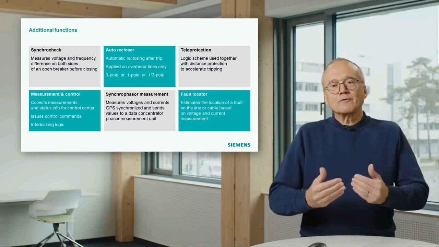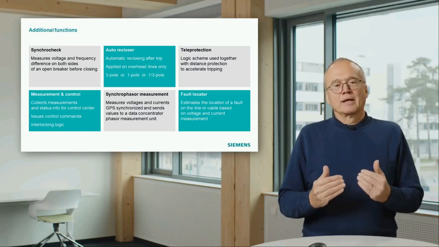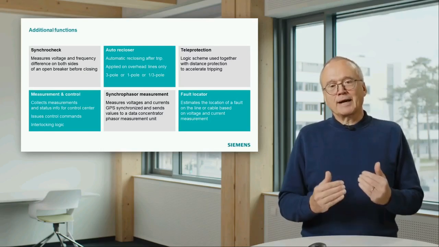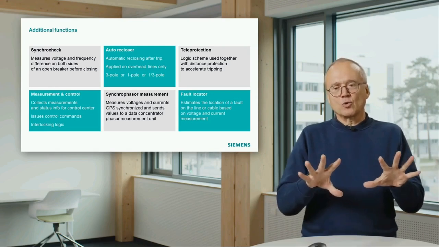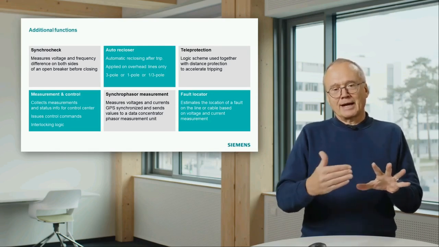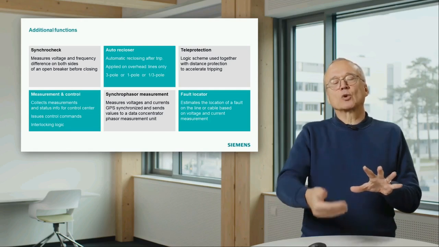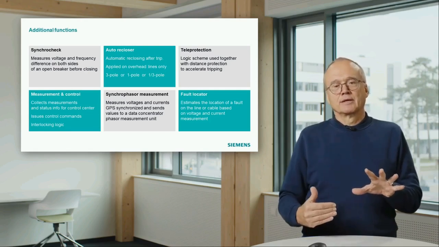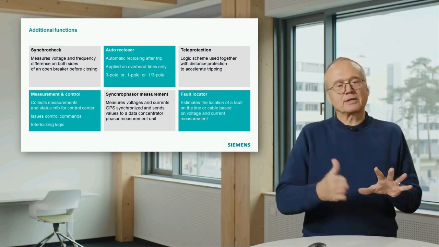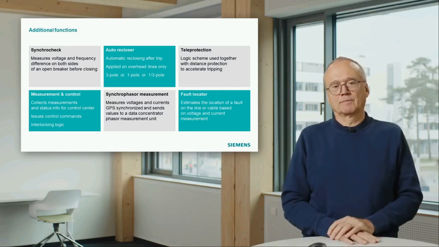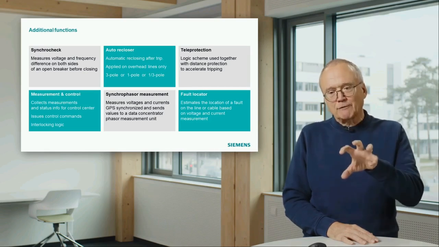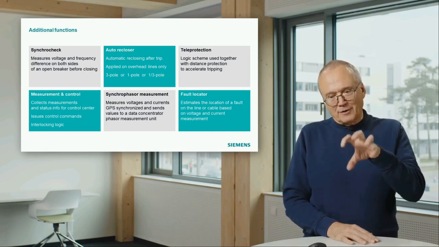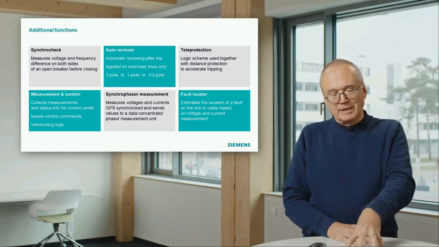And you can go even one step further. If you detect special situations where you are at the limit of stability, you can initiate some actions, splitting the system or whatever. So that is a new field where the protection functionality is not completely in the device.